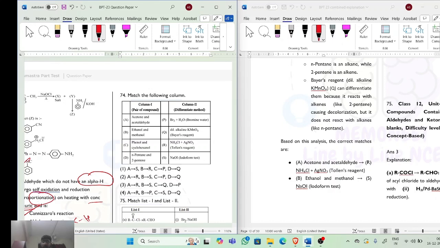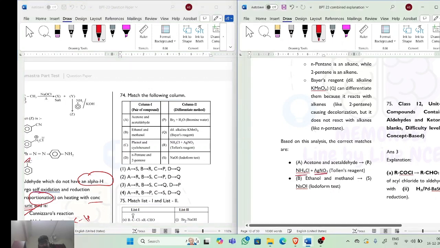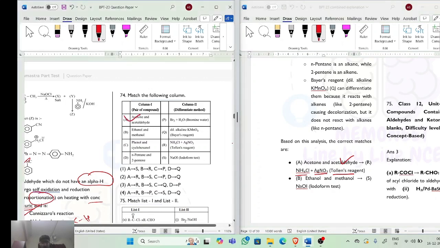Acetone and aldehyde can be separated with Tollen's reagent. One is a ketone and one is an aldehyde. Tollen's reagent gives the silver mirror test for the aldehyde, but no reaction for acetone. So this can be separated. Option A will be matched with R.